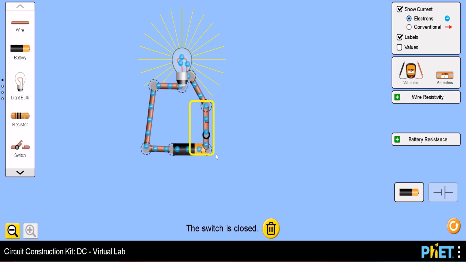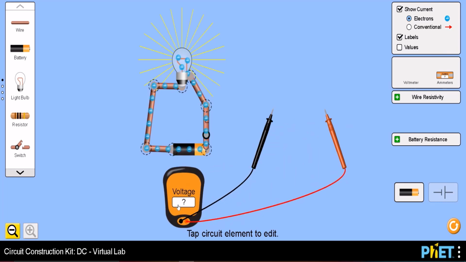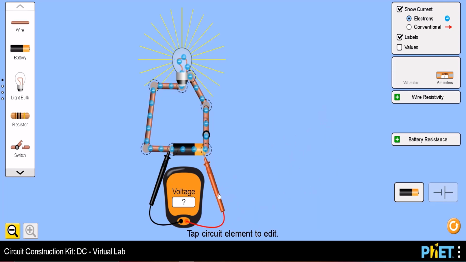Now let us experiment a little bit more on this, and let's see what is the voltage across the bulb. Now I have shown you already that this cell is of voltage 9 volts. So let me check once again, when there is a current flowing across the cell, whether this is also 9 volts or not.